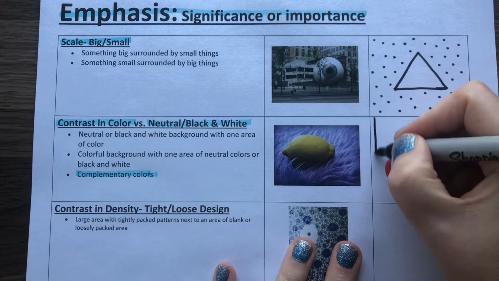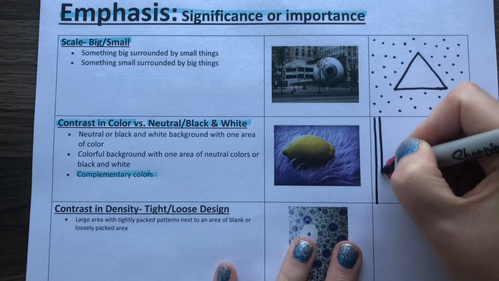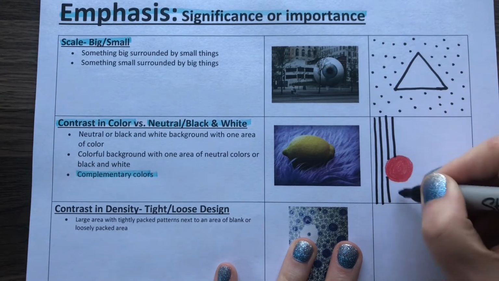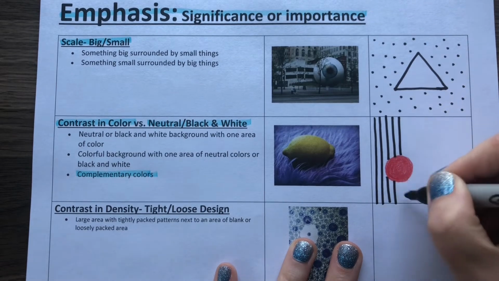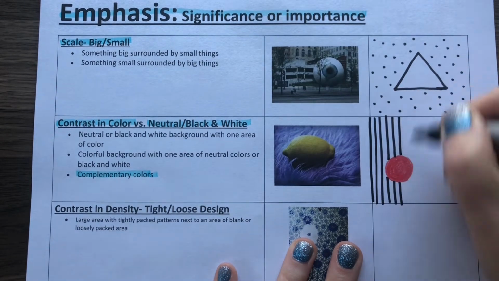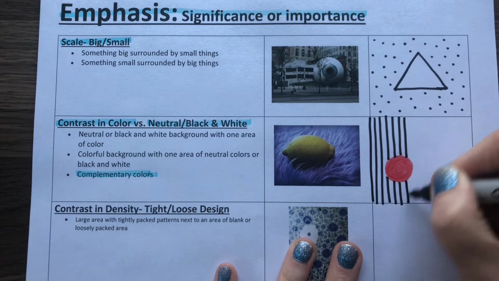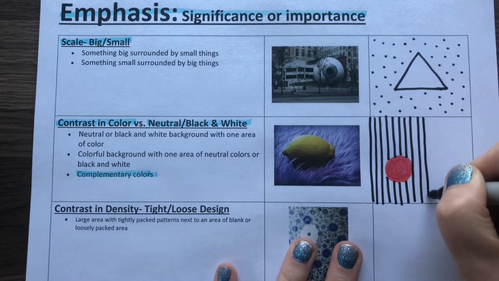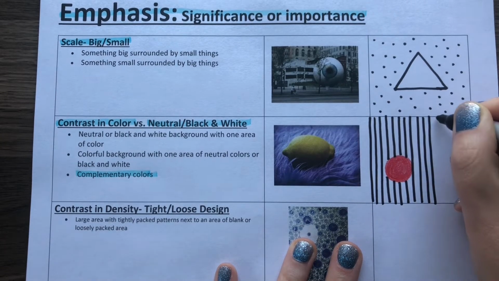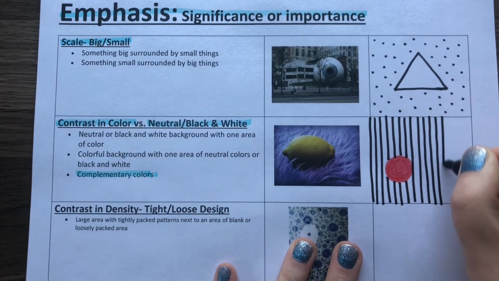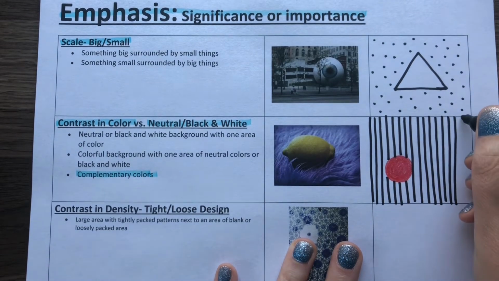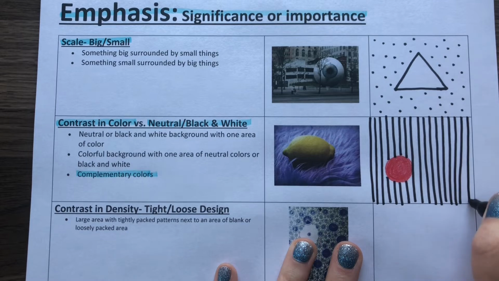So if I add on black and white stripes, that red dot is really going to be emphasized because it's the only area of color in a neutral background, right? And there are lots of different things you can do. Emphasis can also be created by having something really busy next to something that's not busy.